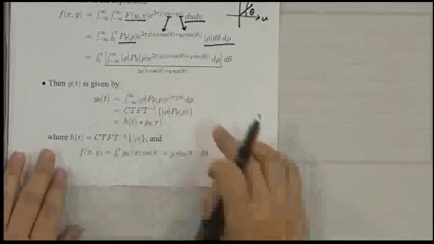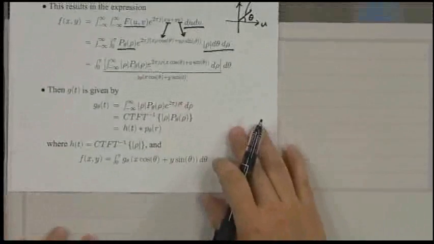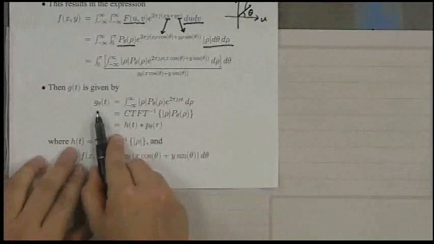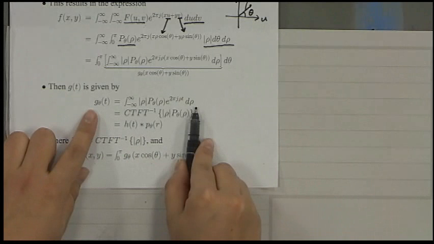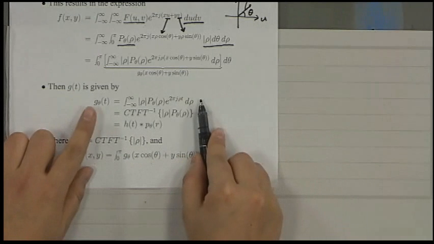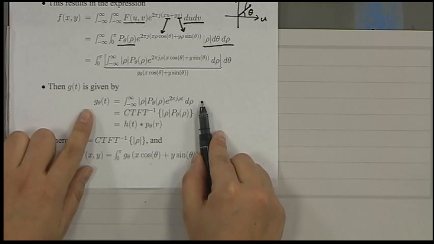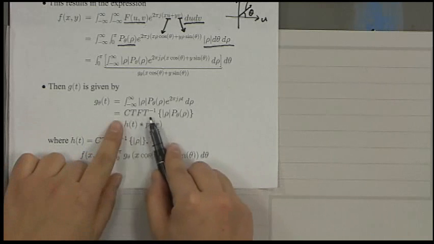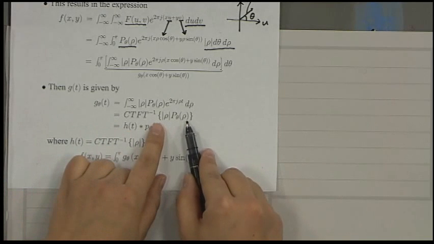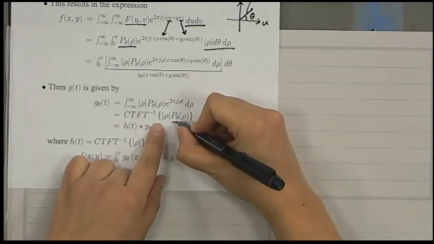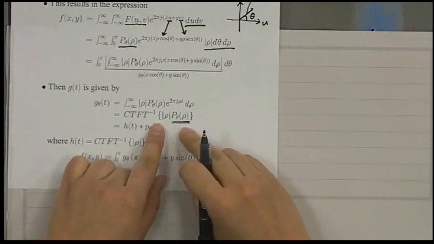G theta, this is a filtering part. So if we write down g theta, it's like this. And then again, we are very familiar with this form. This is a form of inverse Fourier transform. So inverse Fourier transform of this absolute value rho and capital P. So this is the CTFT of the projection.